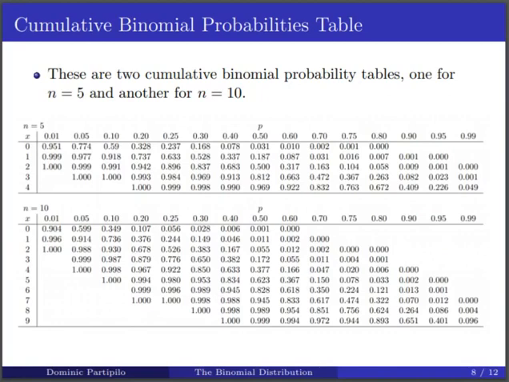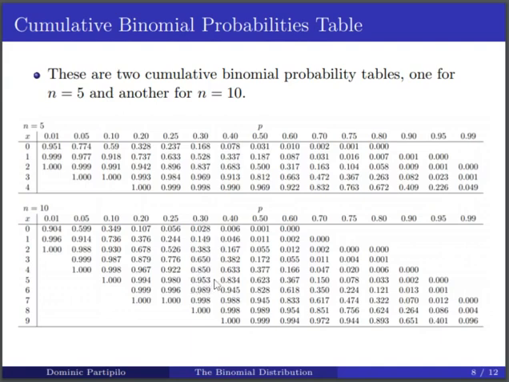So here are some examples of cumulative binomial probability tables. This first table up here is where n is equal to 5, and the one down here is where n is equal to 10. And all you really need to know, if you say, okay, n is 10, and then let's say p is equal to 0.3, then the probability of 5 successes or less would be right here, because we're in the column of 0.3 in the n equals 10 table.